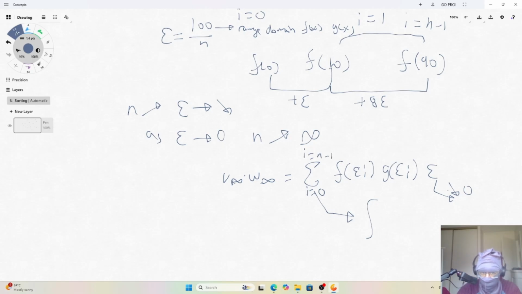But as epsilon goes to 0, n tends to infinity. So in the limit, you will obtain that the inner product will become simply an integral.